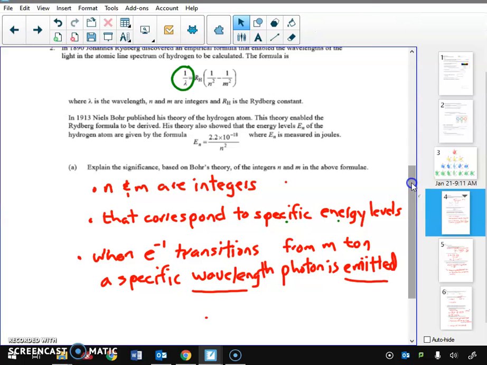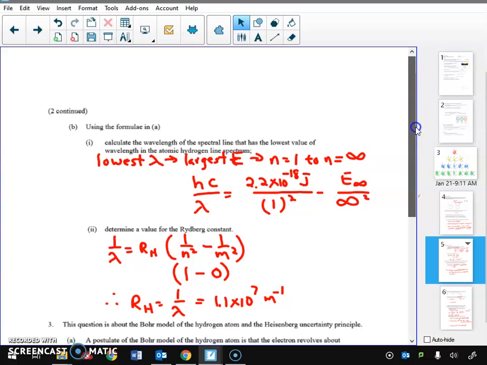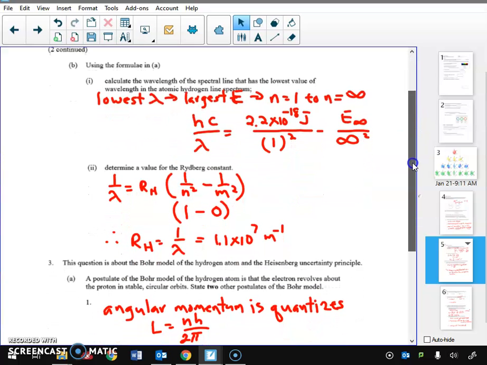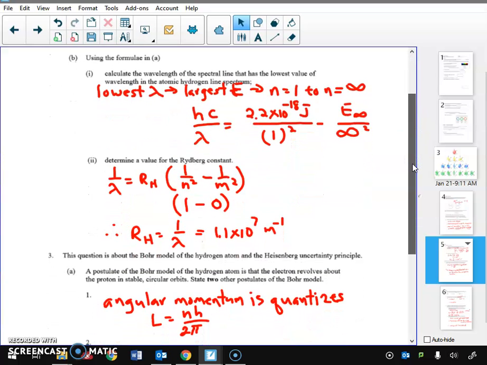And I want to talk about emission. So there's a lot of little things there. That would probably be a 3-point problem on an IB test where you have to have all those little details there.